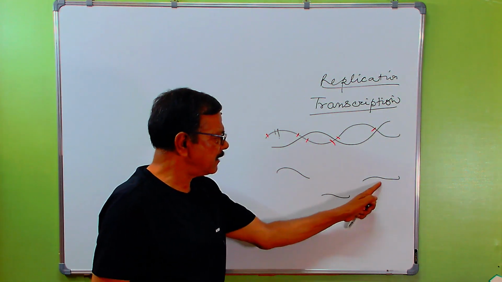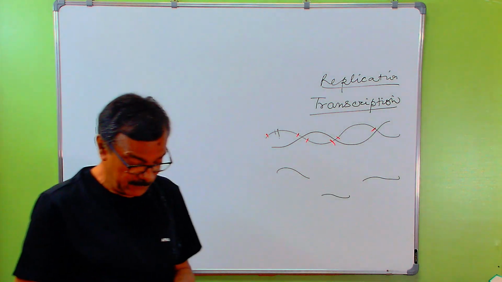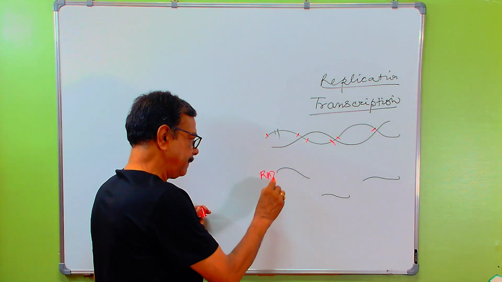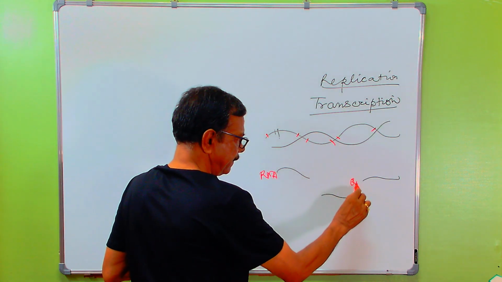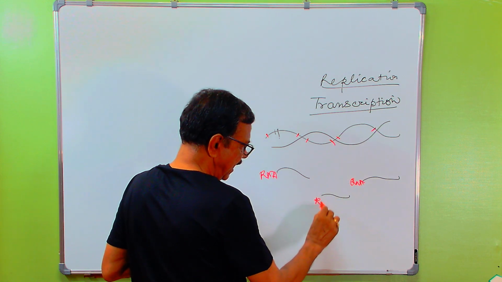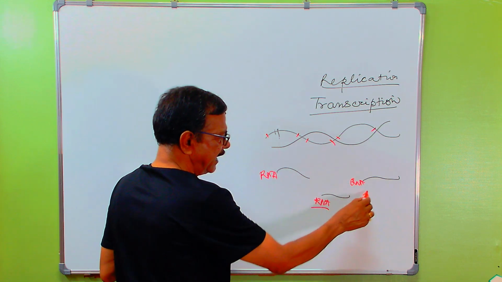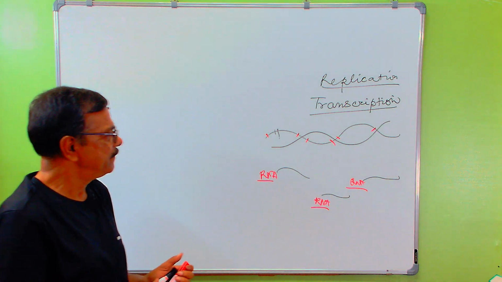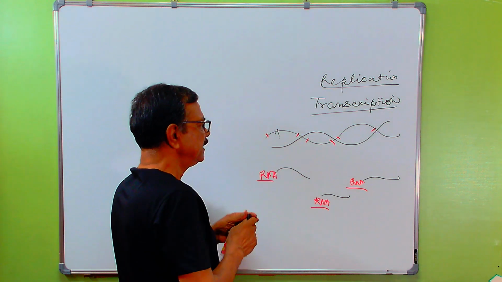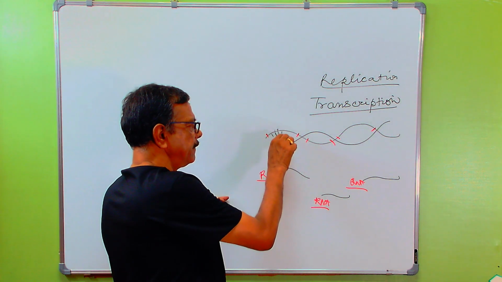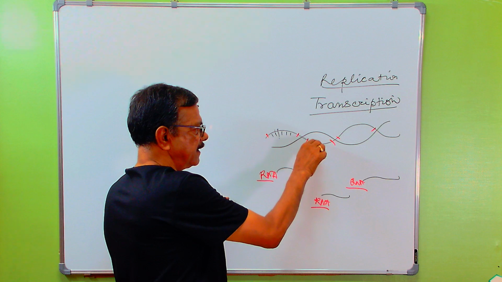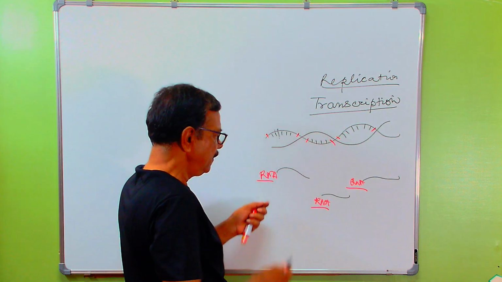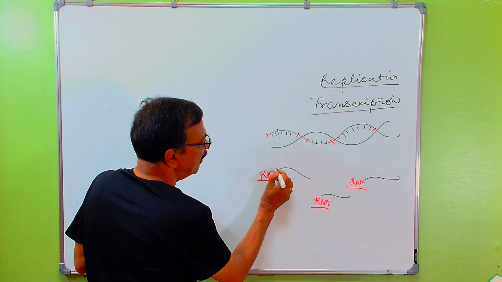In short segments, whenever there is a single strand, we call it RNA. These are called RNA because RNA has a single strand. Moreover, here the nucleotides are arranged in sequence.